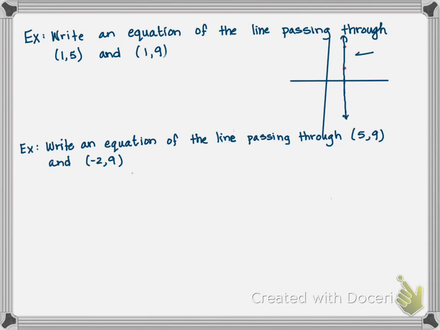So no slope, which is the same as saying the slope is undefined. So the slope being undefined or having no slope is different than having a slope of 0.